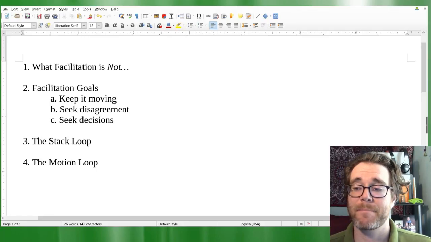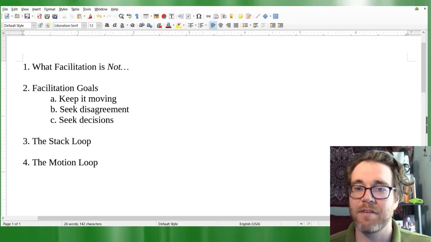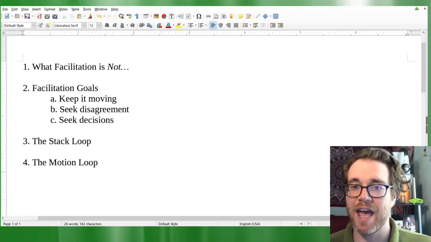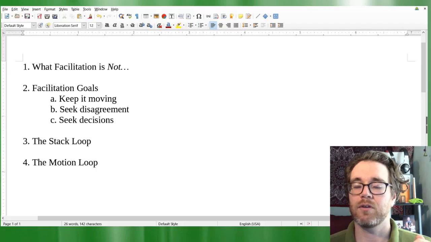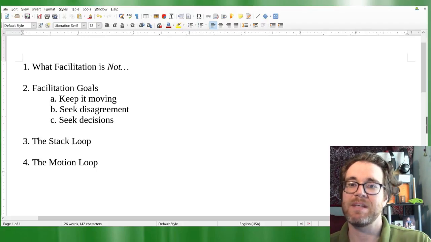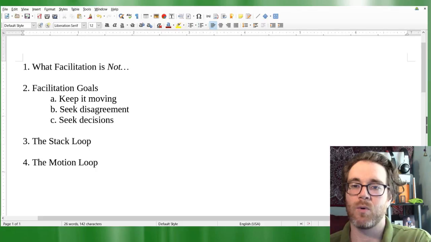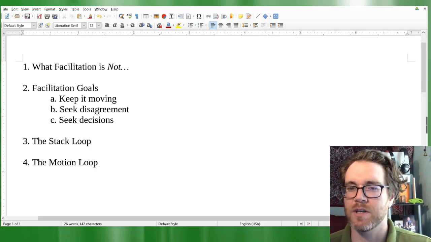And then if you have a list of people where three male identified speakers have spoken in a row, and then there's two more male identified speakers after that on the list, and a female identified person raises a hand, you're going to have that female identified person speak next, even though there were two male identified people on the stack before that female identified person.